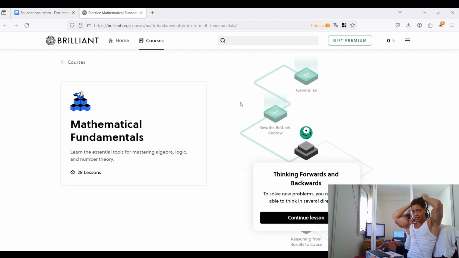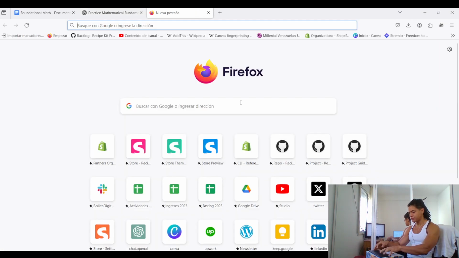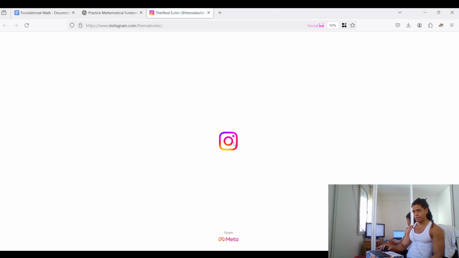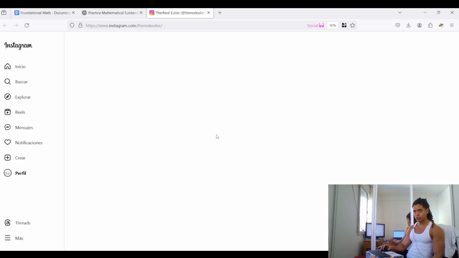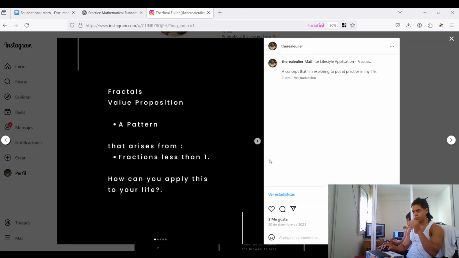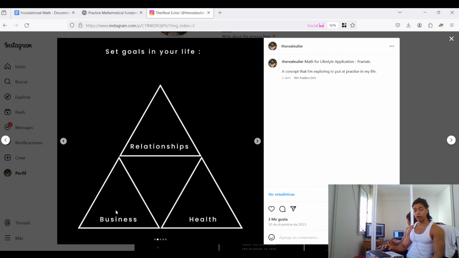So in the case of the Sierpinski triangle, anytime you multiply by a fraction less than one, for example, if you want to know what is three pieces of 4, 3/4 in a triangle, you will have this 1, 2, 3, and 4.